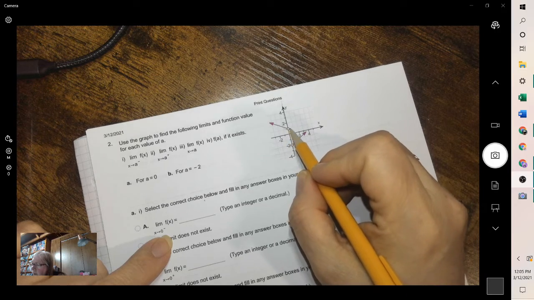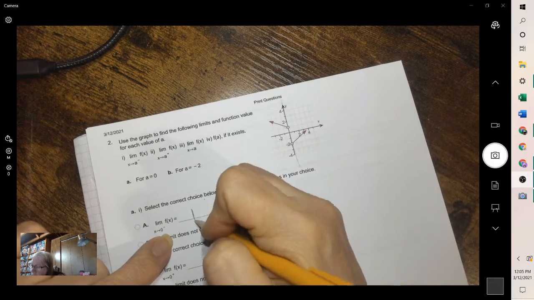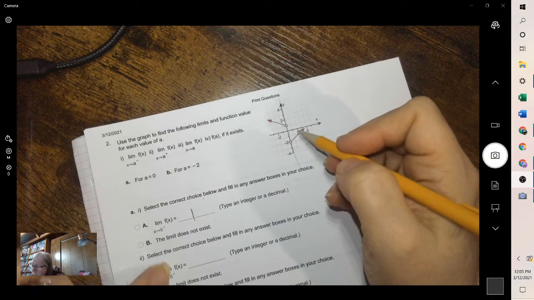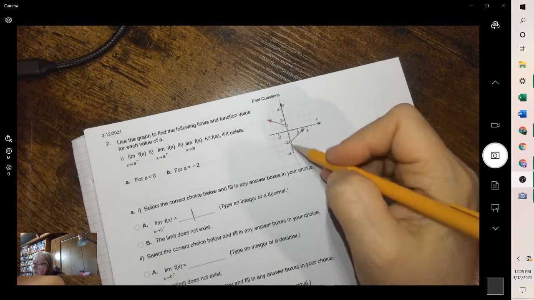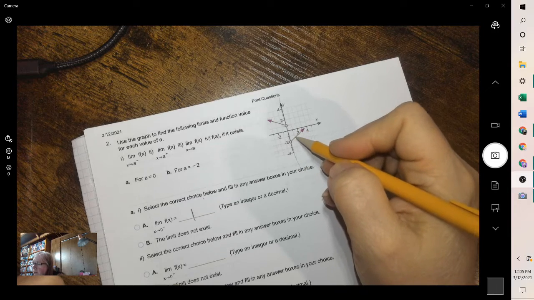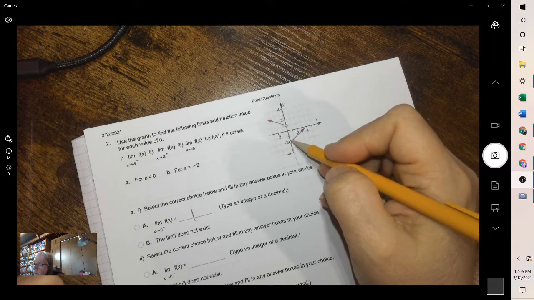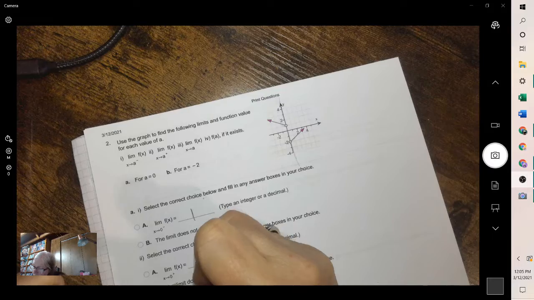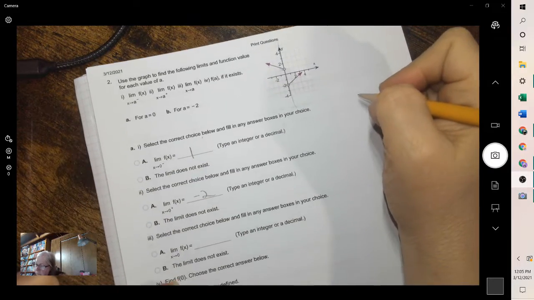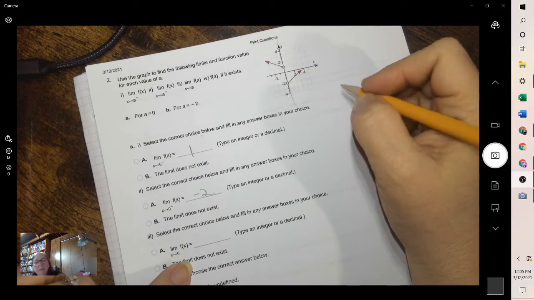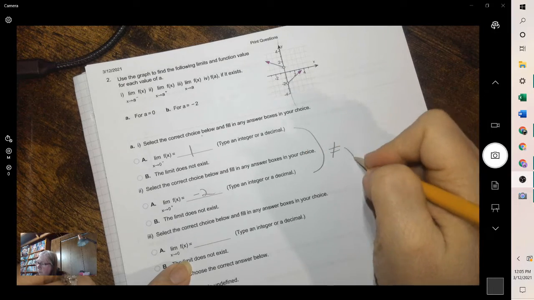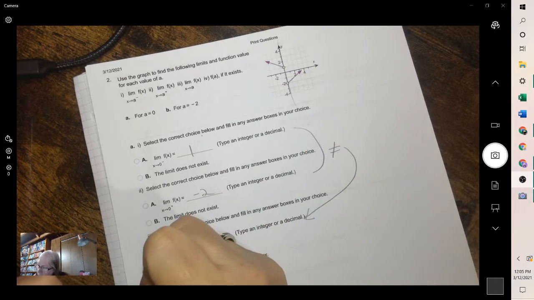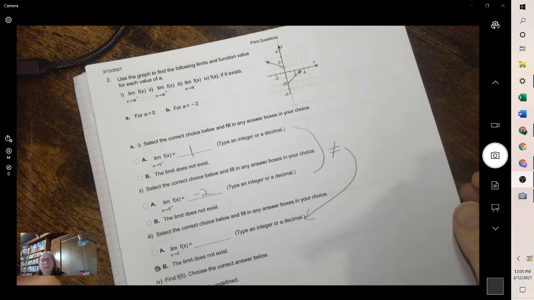And we're here at 1. The limit of 0 from the right, on the right side of the axis, is over here, and it's a -2. So that means the limit is 0. These two are not equal, so this one doesn't exist.